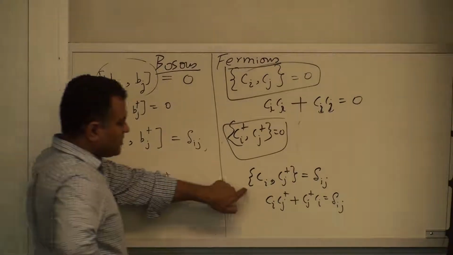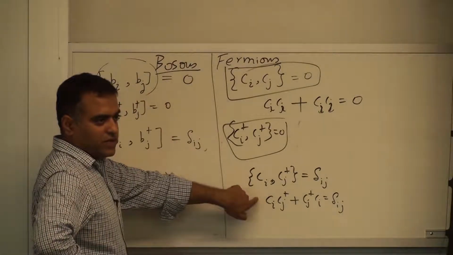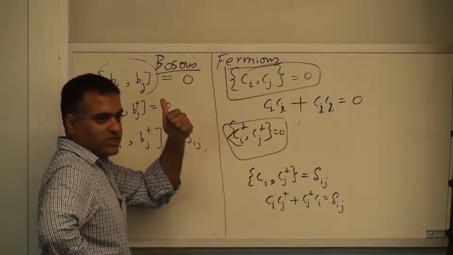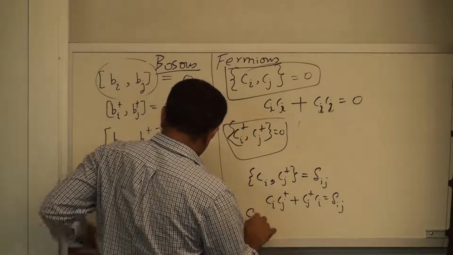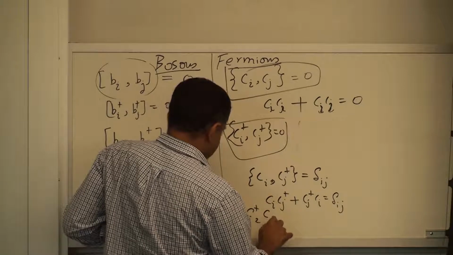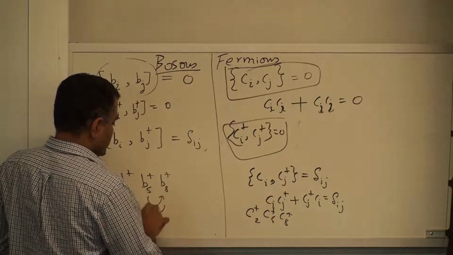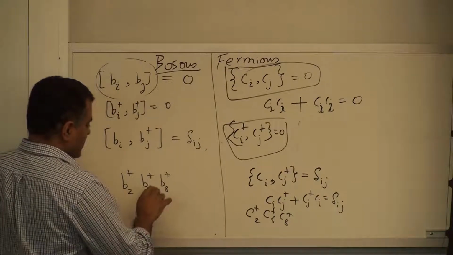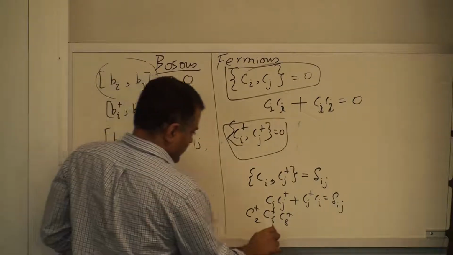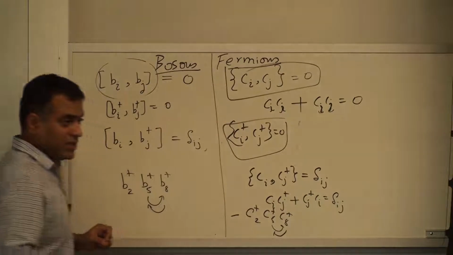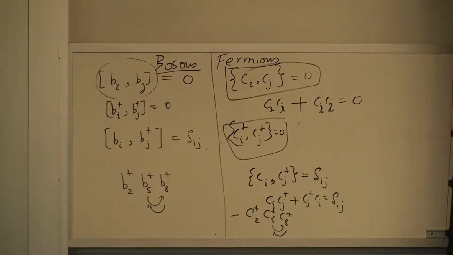But for fermions, you have to be careful. For every flip, you must have a -1 sign. So if I have C2 dagger, C5 dagger and C8 dagger, and let's say for whatever reason I want to flip two of them, then the sign will remain the same for the untouched ones, but if I flip these two here, I'll get a -1 in front.